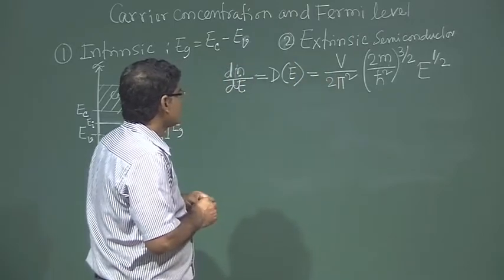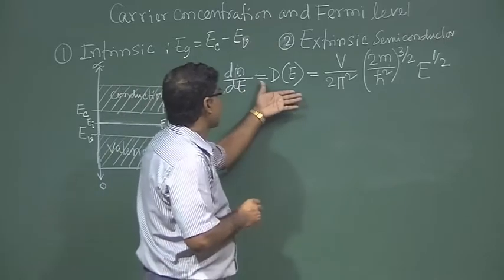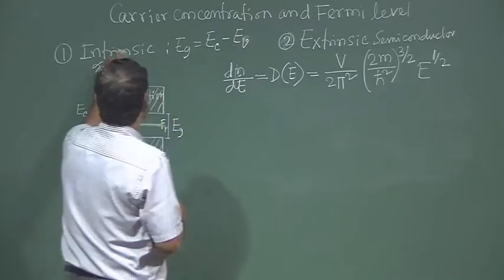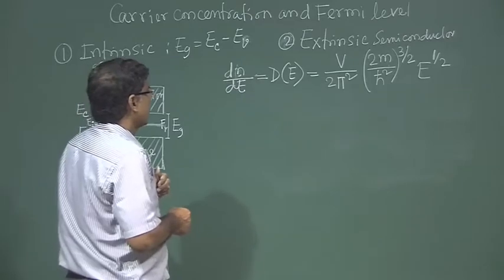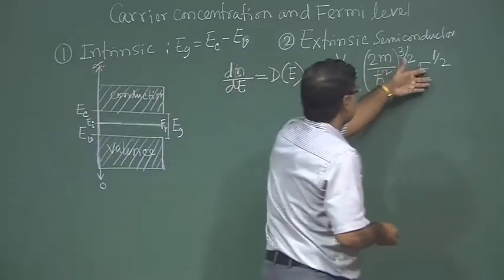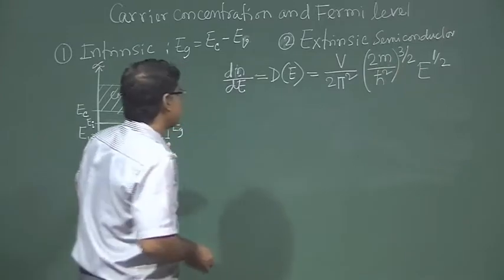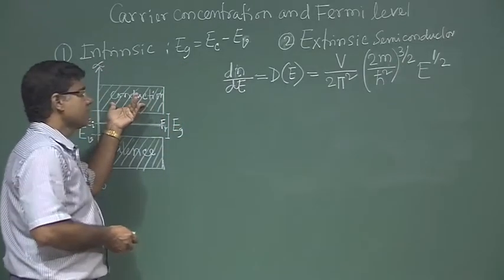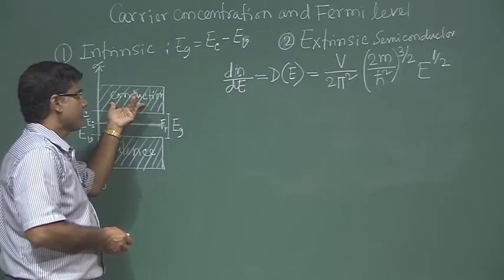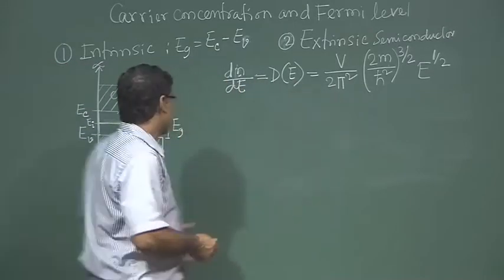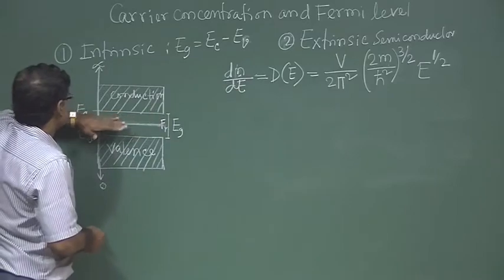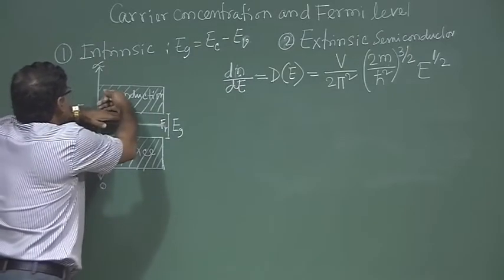Now, this we have to adopt for our system. So, here this is any energy, right. Here we want to consider the density of states in the conduction band. So, the conduction band is above EC.